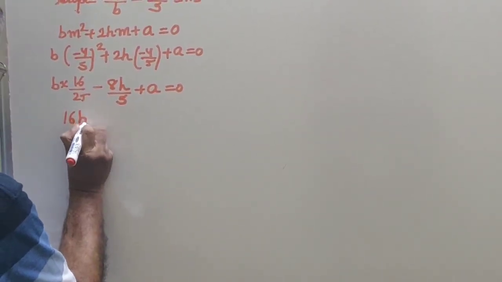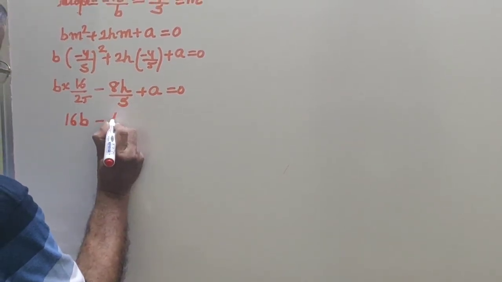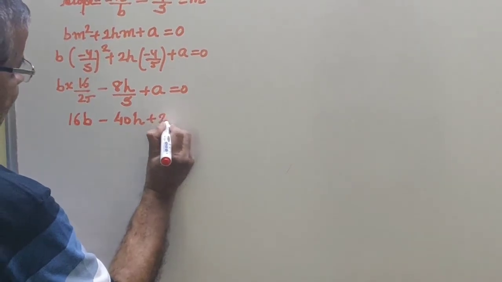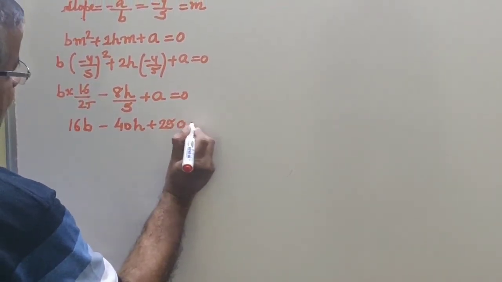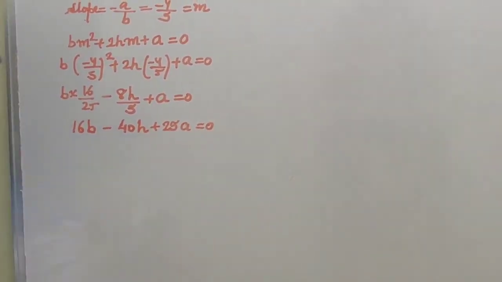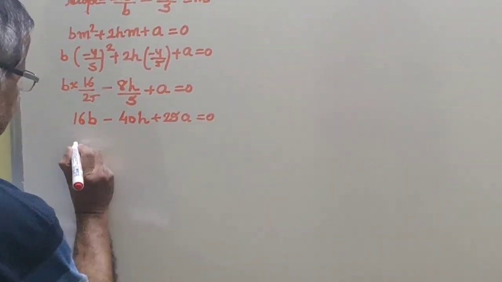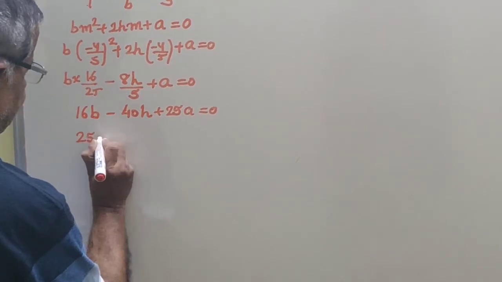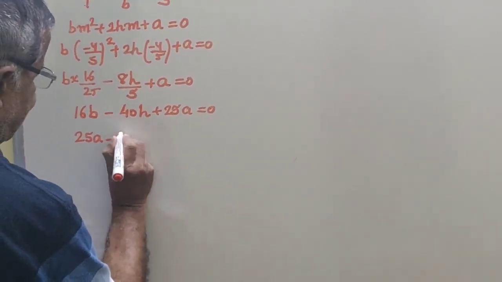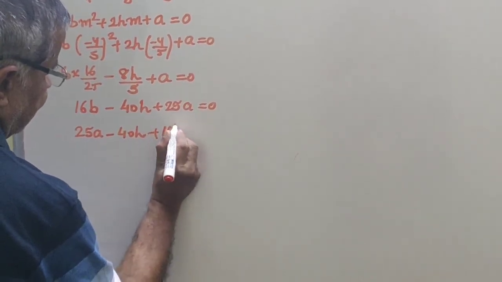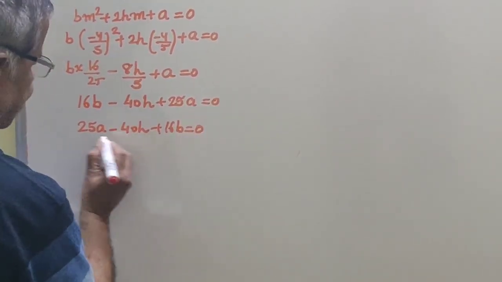What I will get is 16b minus 40h plus 25a is equal to 0. This is the required condition for the given problem. 25a minus 40h plus 16b is equal to 0.